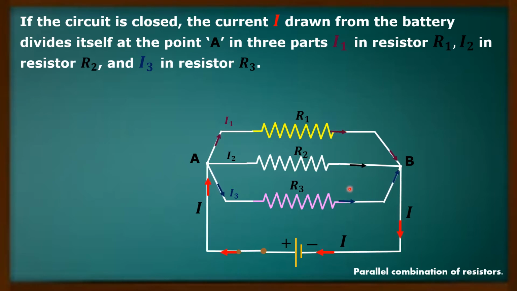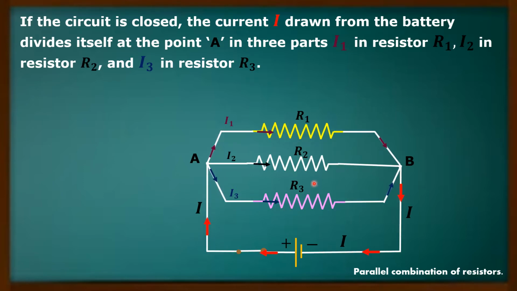Now you observe carefully here. Current I is drawn from the source, that is from the battery. So this is the total current of the circuit. The total current I gets divided into three parts at A. The current is splitting, and I1 current is passing through R1, I2 current is passing through R2 and I3 current is passing through R3.